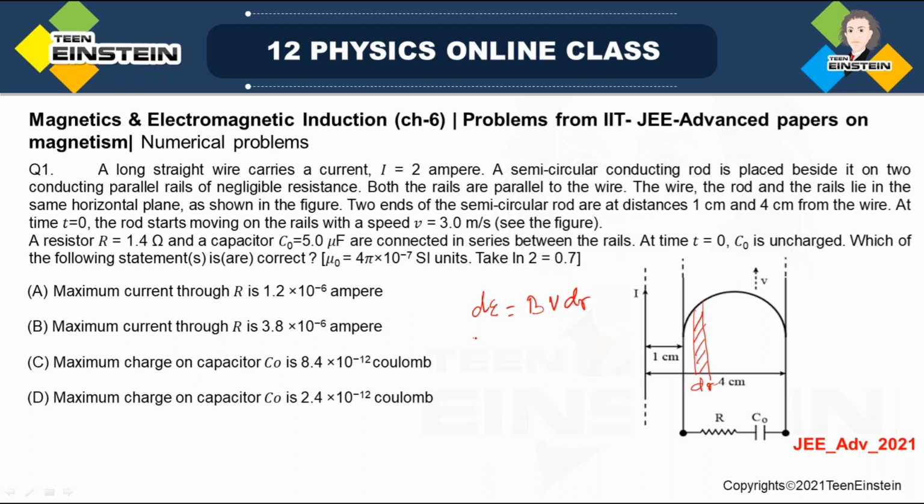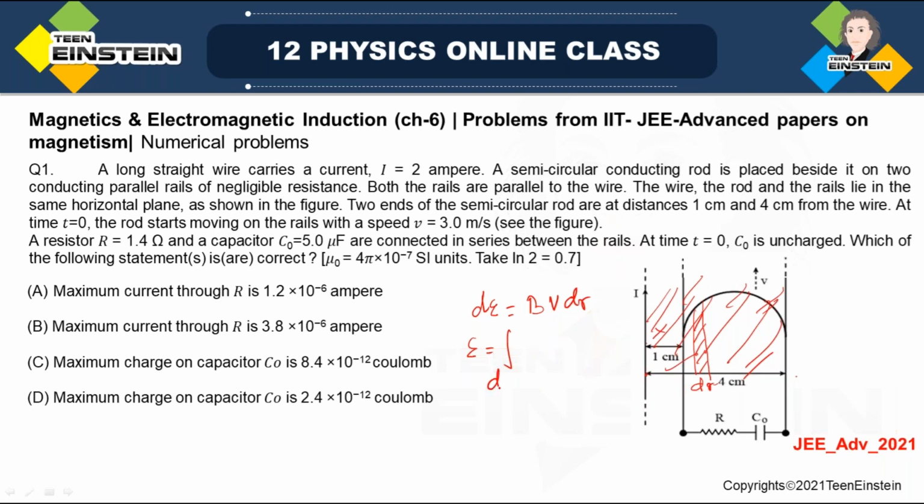If we integrate it, EMF will be the integration. This L actually starts from here, not only inside this. I think I have to take the area region over here. Because the wire is here, the rod is here, so here also the magnetic field will be there. So the flux actually starts from here to here, and we have to find the changing flux.